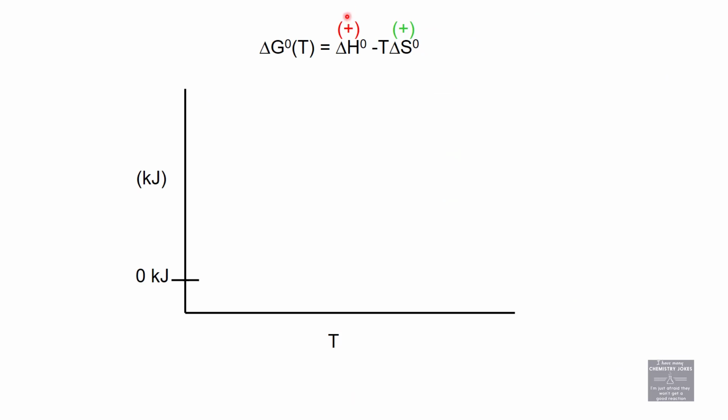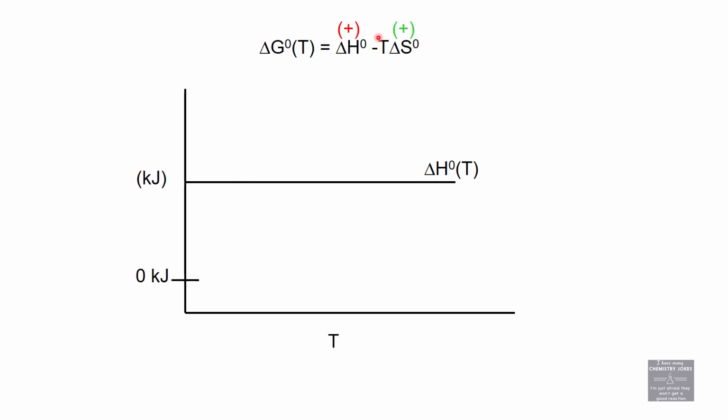Okay, this is for an endothermic reaction with a positive delta S. Continuing to talk about it, if I make a plot of temperature versus energy, H as a function of temperature, this is not H multiplied by temperature, but H as a function of temperature, we've said H is relatively temperature independent. So I'm going to flatline my delta H for a given reaction.